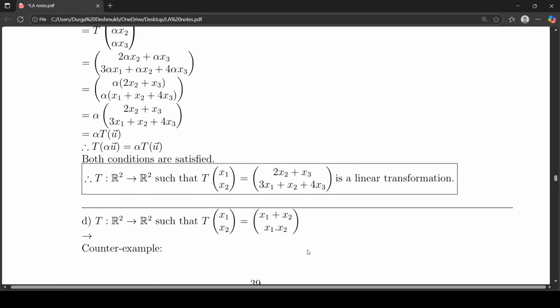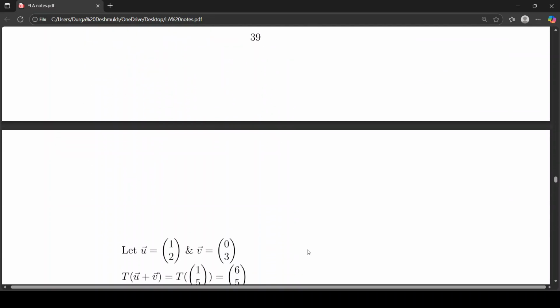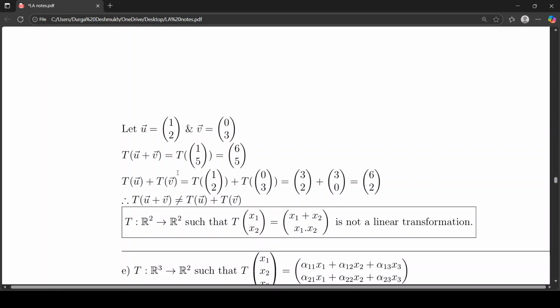But to write it systematically, we can either compute both the conditions and show that these conditions are not satisfied, or we can simply use a counter example like the one that I have used here. The first element I have taken is (1, 2) and the second one is (0, 3).